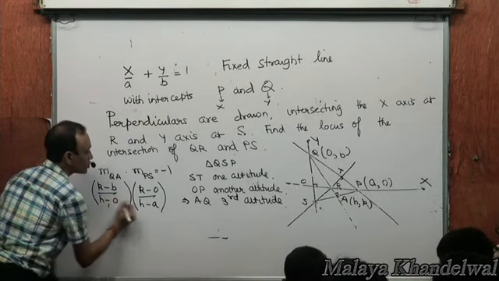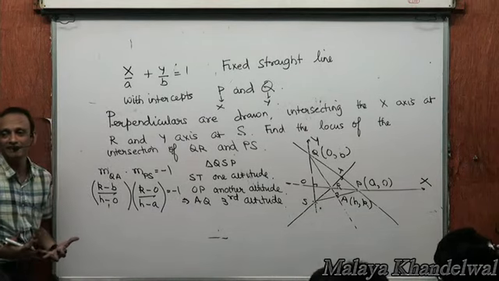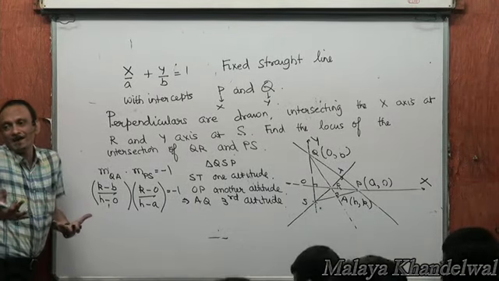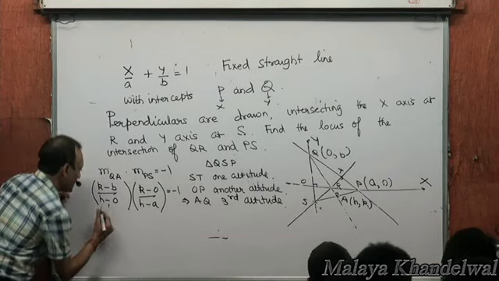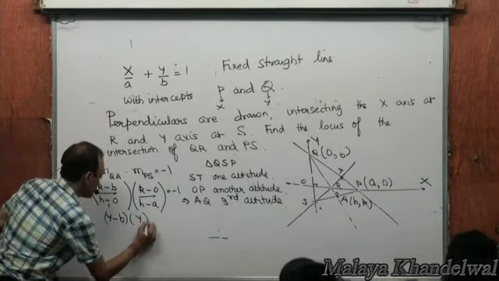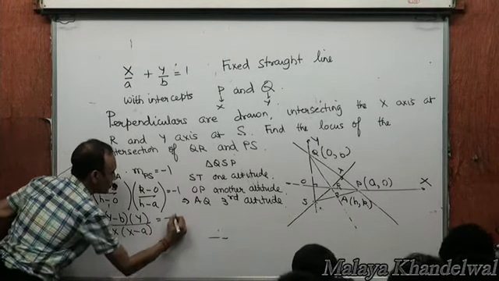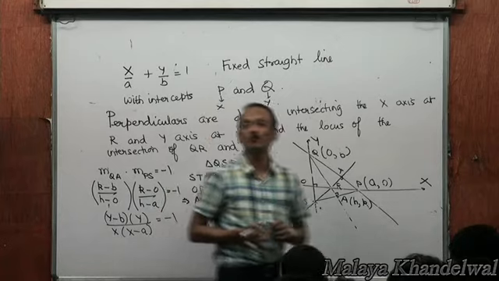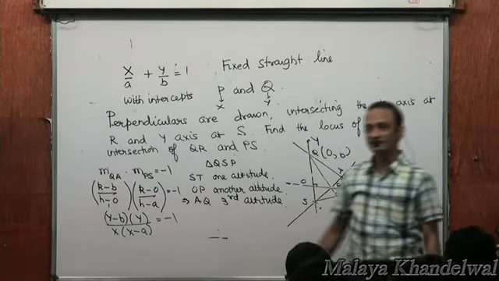And the product of these slopes is minus 1. Generalize: replace h by x and k by y. So (y - b)/x into y/(x - a) equals minus 1. Cross multiply and simplify. That's the locus of A.